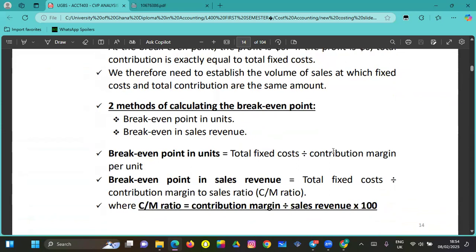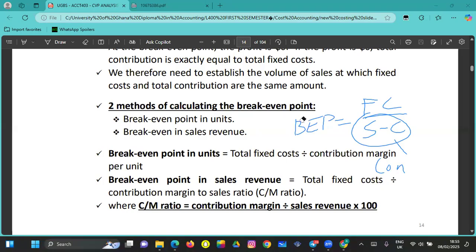So we have two methods of calculating break-even: break-even point in units or break-even point in sales. Break-even point in units is equal to this. BEP is equal to fixed cost over selling price per unit minus cost price per unit, where the selling price minus the cost price is equal to contribution.